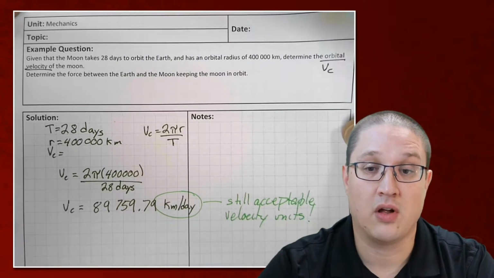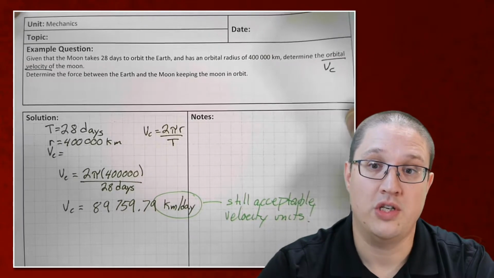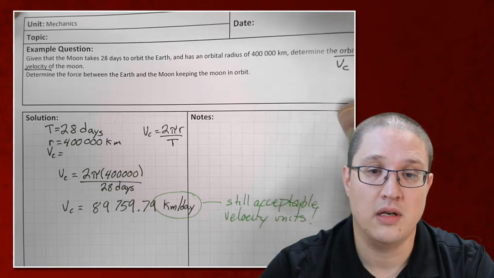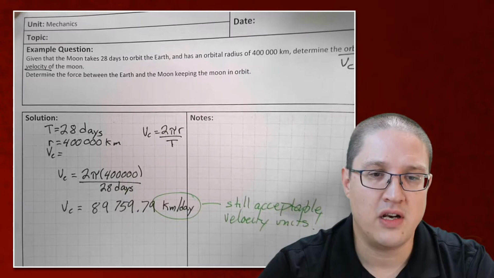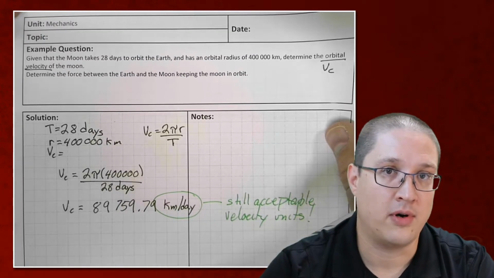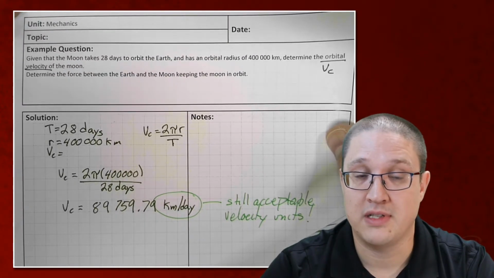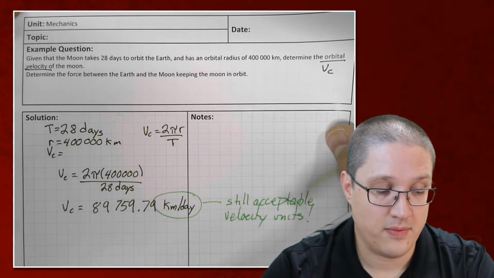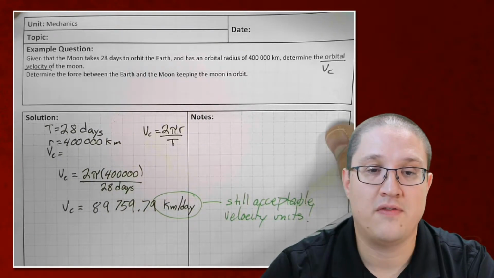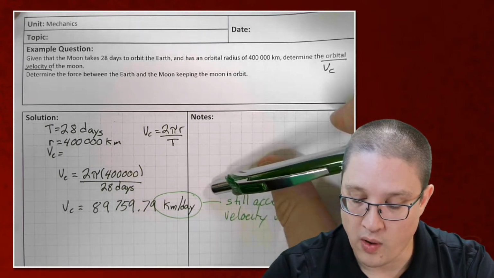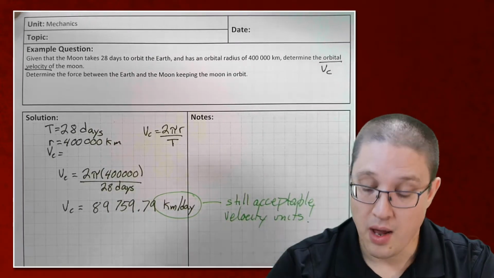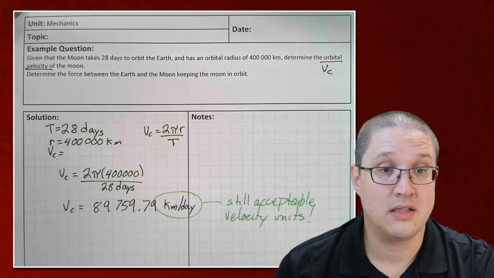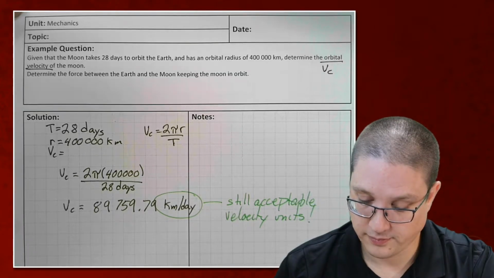In this case, we have kilometers per day, which is a correct velocity unit. It's not a conventional one because normally we look at kilometers per hour or meters per second. I'm going to figure out what this will be in a more conventional unit, but right now, that's the answer to the first part.